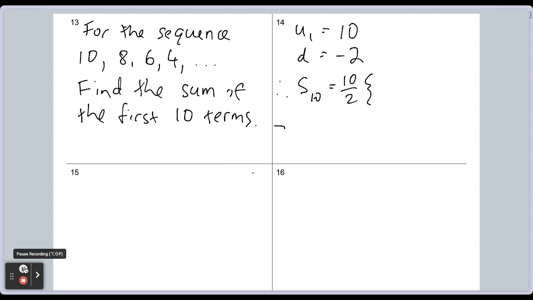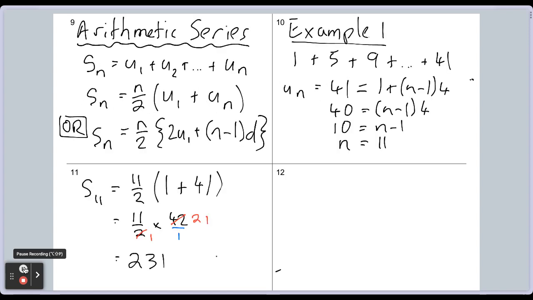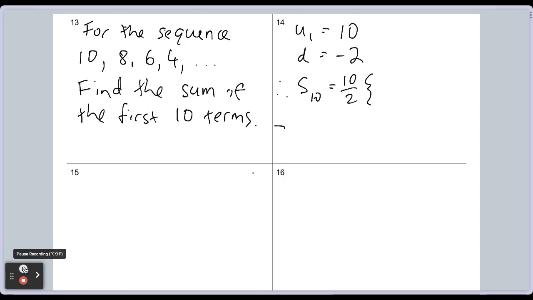So we've got 10 over 2 outside of 2U1, good. I thought I might have not given you the right formula there. 2 multiplied by U1, which is also 10, plus 10 minus 1, 9, multiplied by the difference, -2.